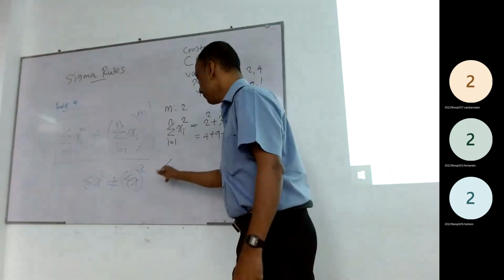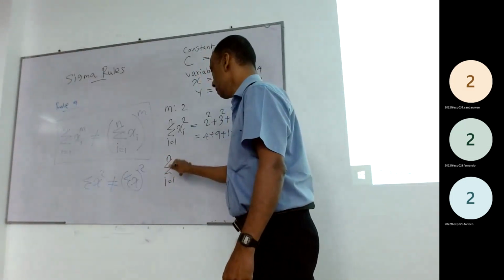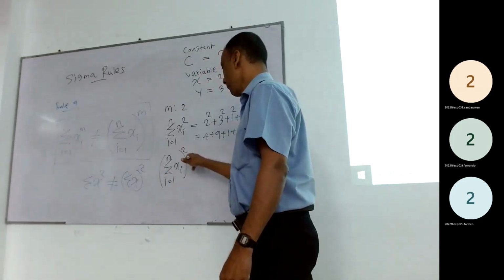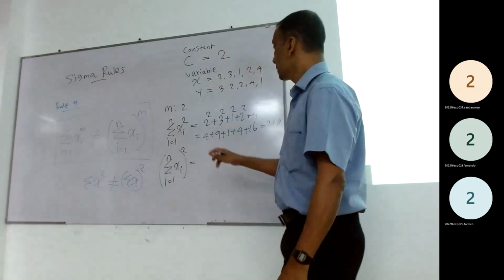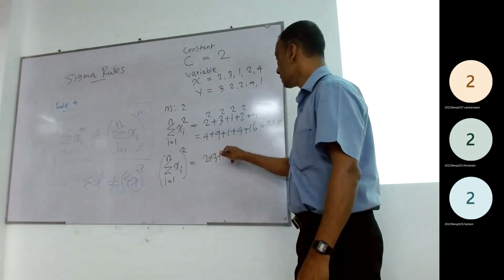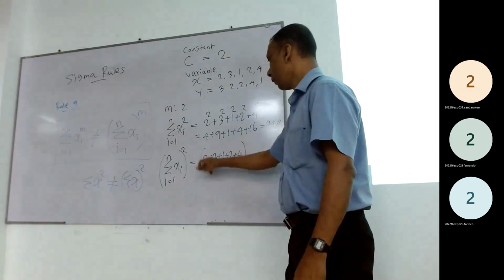Then do this one: sigma i equals 1 to n xi, total power 2. 2 plus 3 plus 1 plus 2 plus 4, then its power.